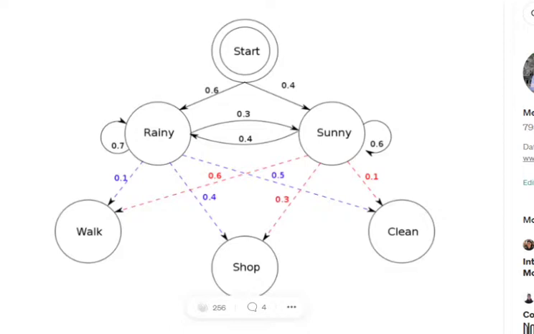Then there is the transition probability, that is transiting from the current state S1 to the next state S2, which can also be S1 only, as you can see here. The new term in hidden Markov models is the emission probability, which means transition from the known state S1 to an unknown state H1. As you can see, rainy to shop is 0.4, rainy to walk is 0.1, and rainy to clean is 0.5.